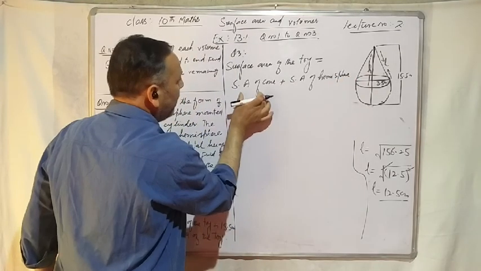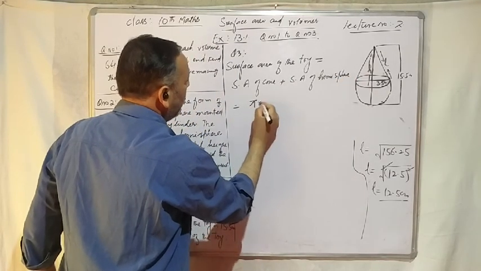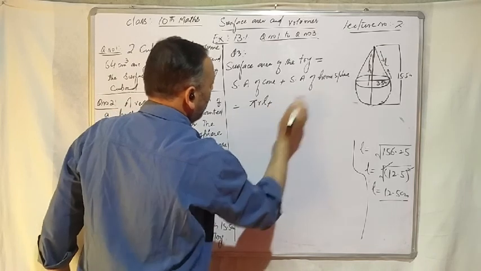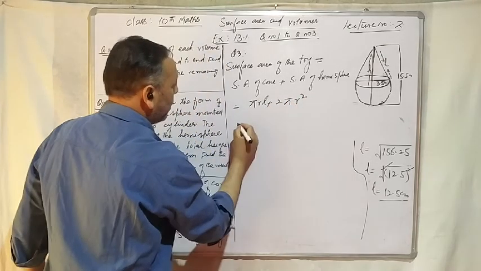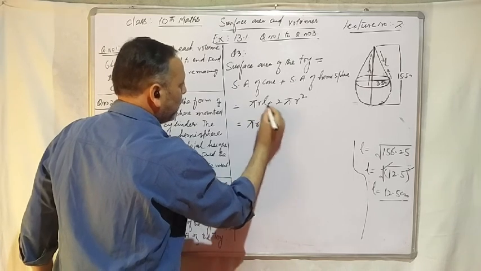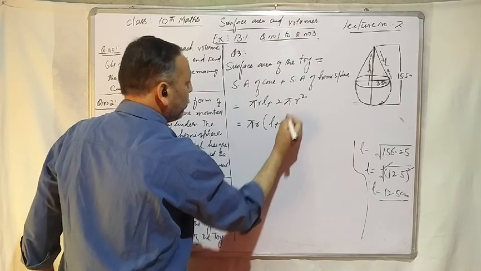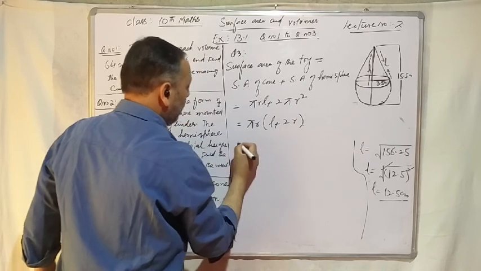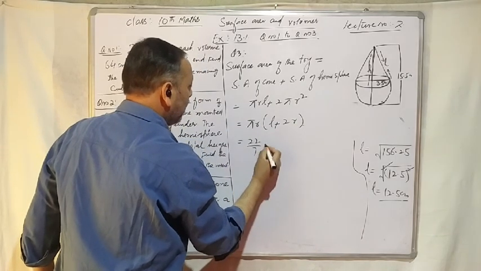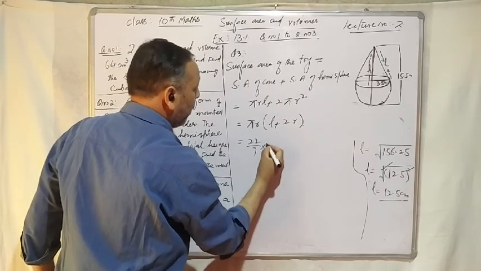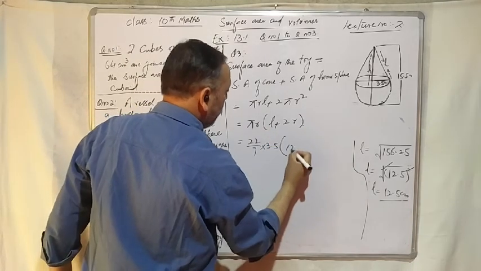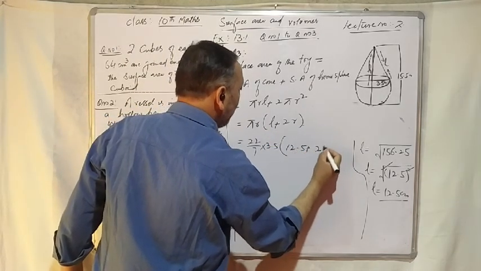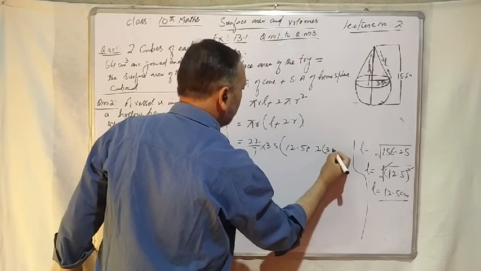It is equal to surface area of cone pi r l plus surface area of hemisphere 2 pi r square. Take pi r common, so it is L plus twice r. Pi is 22 by 7. R is 3.5 into L, slant height 12.5, plus 2 times r, 3.5.